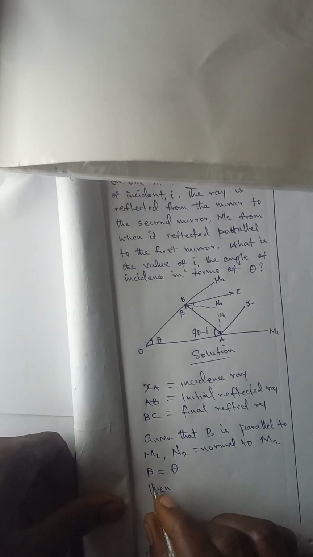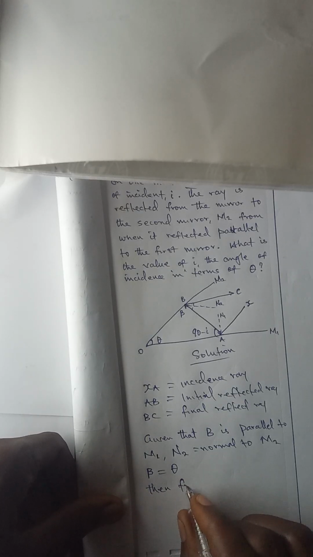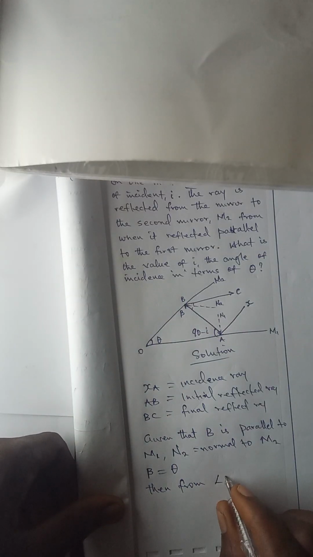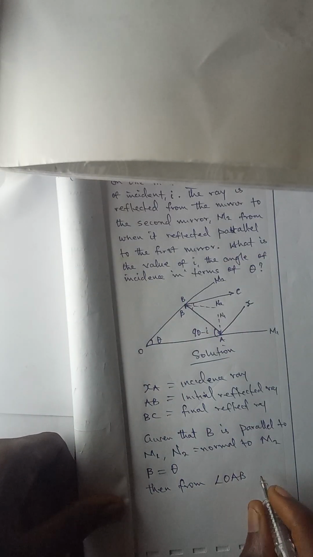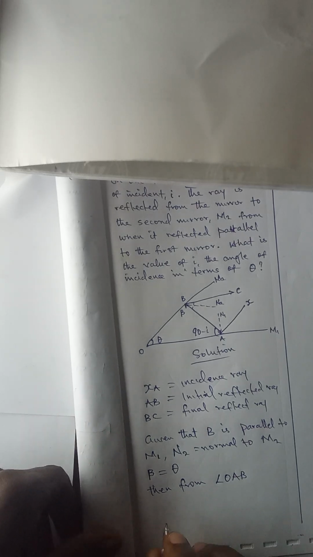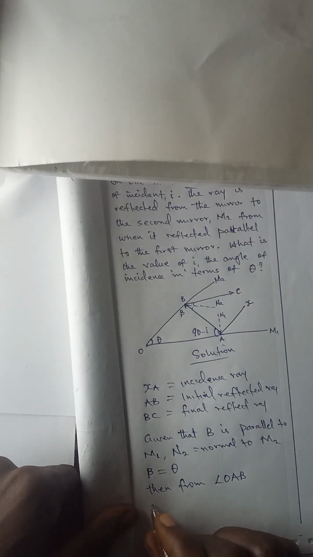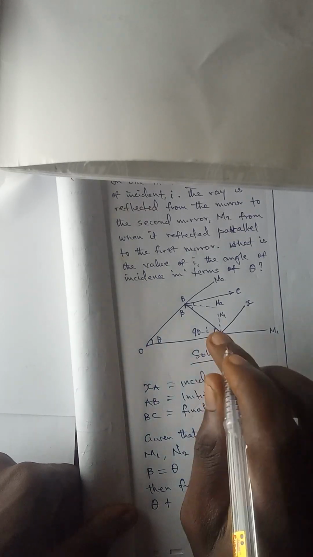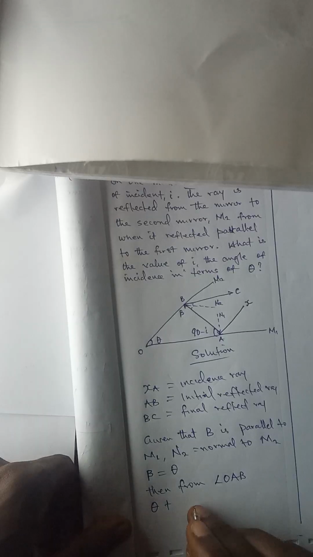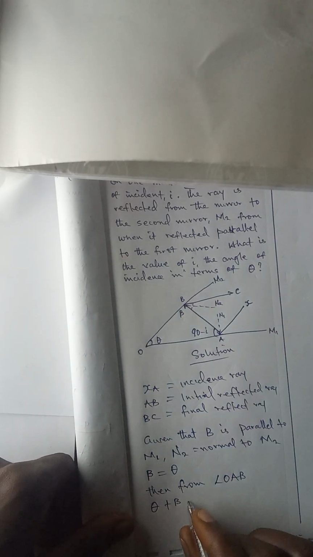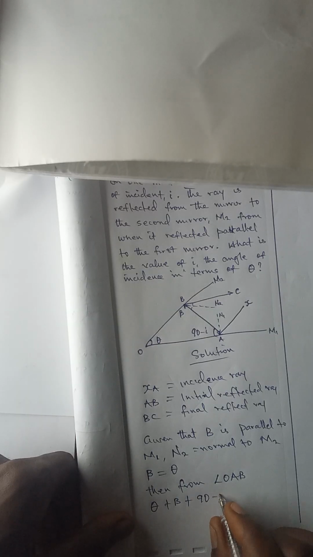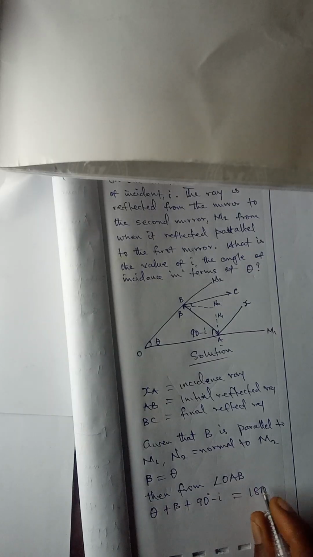Then you can see that from triangle OAB, you can recall using this formula, of course, starting with theta, my O is theta, plus B, which is beta, plus my A, which is 90 minus I, that's 90 degrees minus I, is equal to 180 degrees.